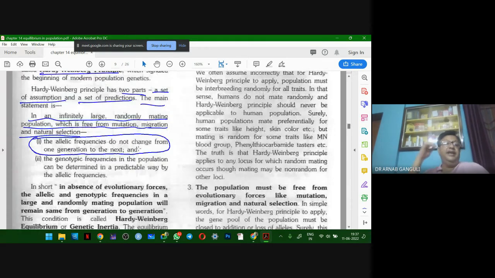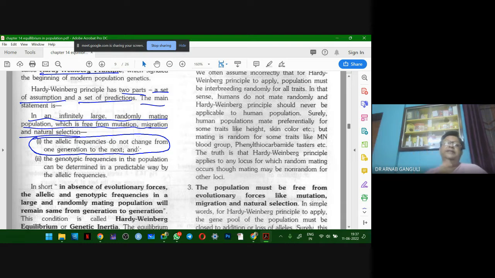That is, if random mating takes place, each male has got equal chance of mating with each female. There is no preference, random. Whoever finds someone mates with them, something like this. If in this particular population there is no mutation, nobody migrates from this population to another population, and no natural selection or survival of the fittest where one allele finally dominates and becomes dominant, that doesn't take place.